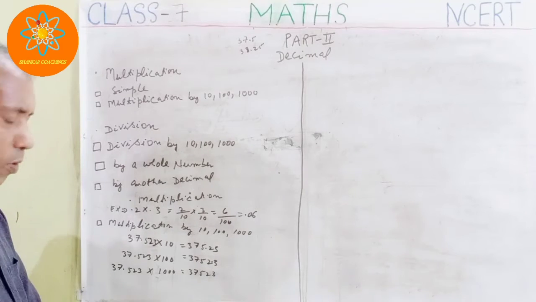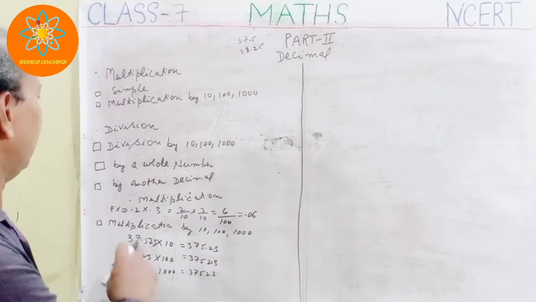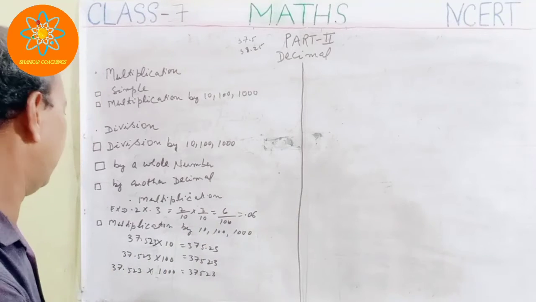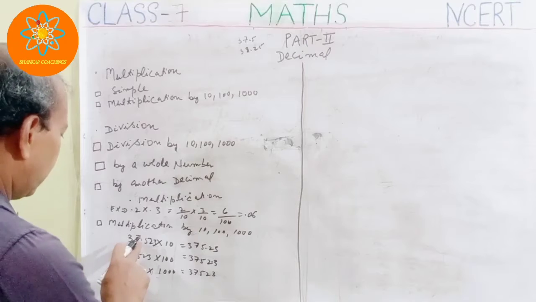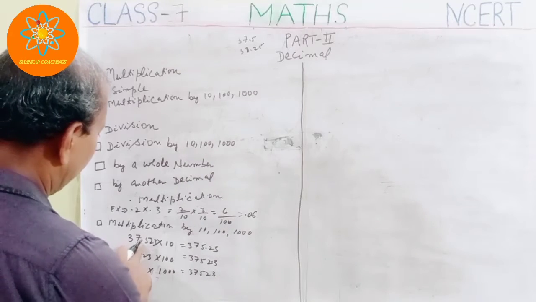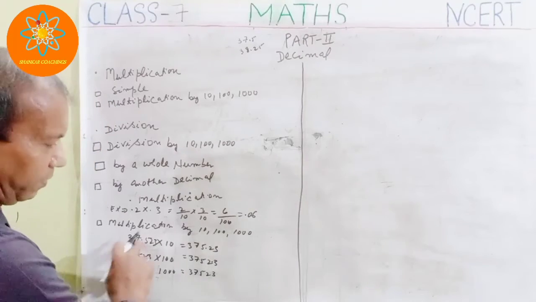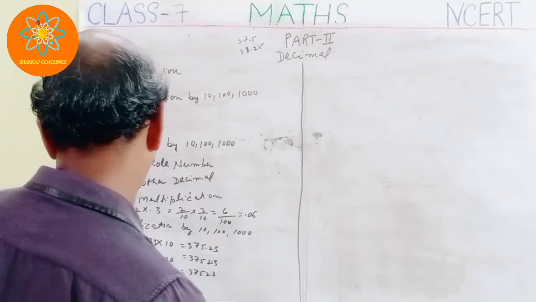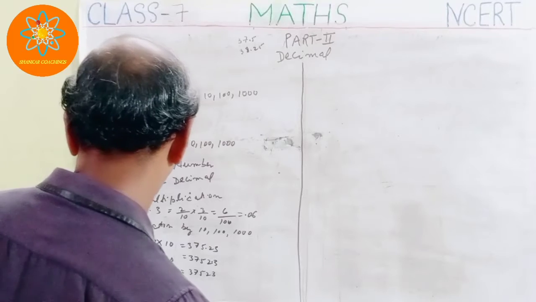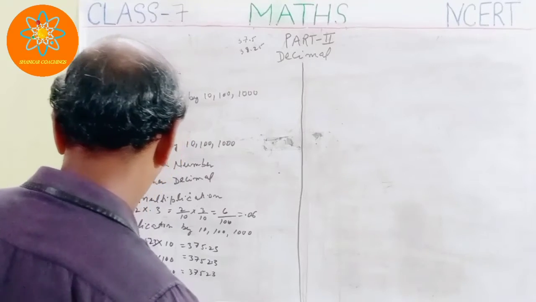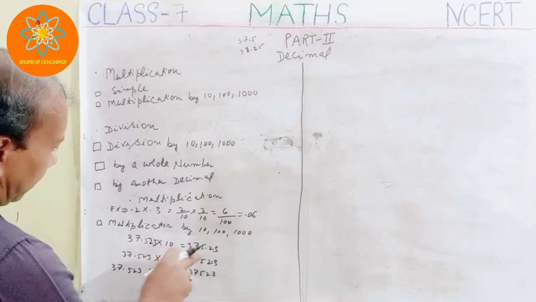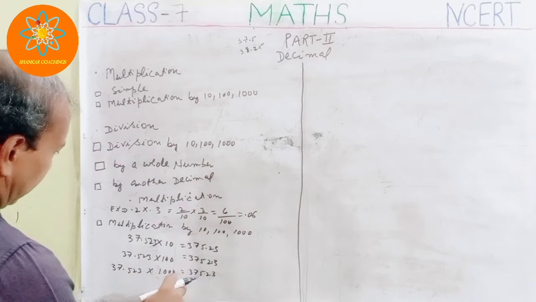So what we are seeing here is, if you multiply by 10, 100 and 1000, this decimal is shifted to where? This is shifted to the right. See here, when I multiply by 10, this is shifted one place.